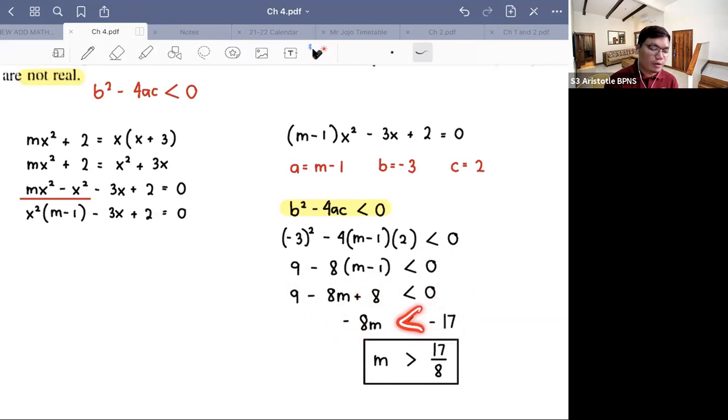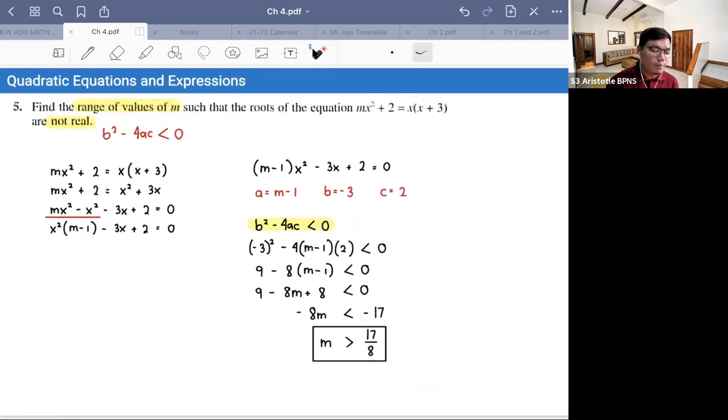From less than, it becomes greater than. Then your final answer is 17 over 8. So for number 5, your answer is m is greater than 17 over 8. So the range of values of m are numbers greater than 17 over 8.